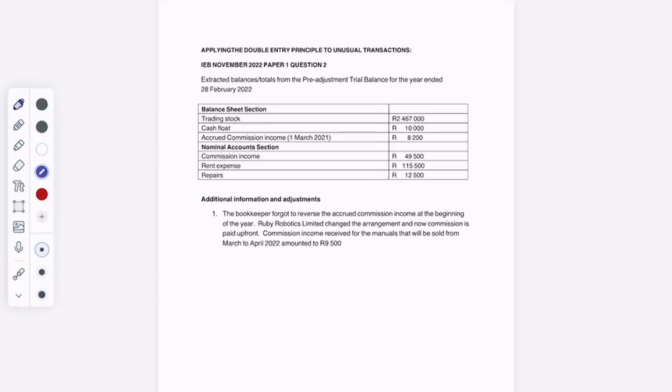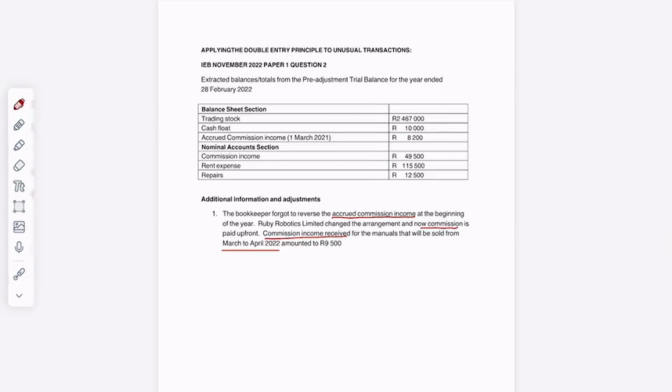So let's start by identifying the accounts that are affected here. We've got the accrued commission income. We've got commission income. And because we're going to have commission received in the current year for the next year, we've got deferred income.